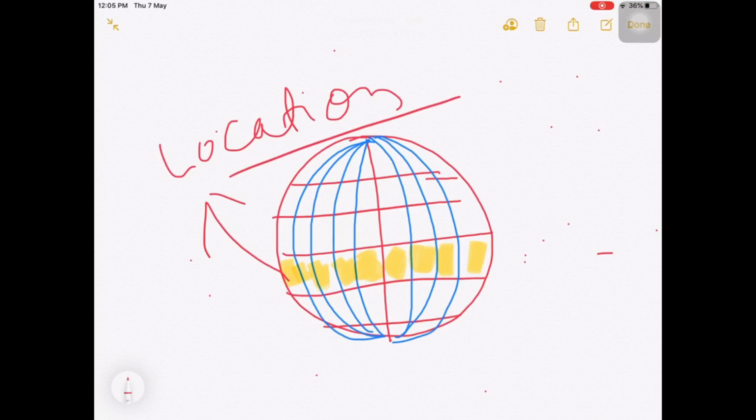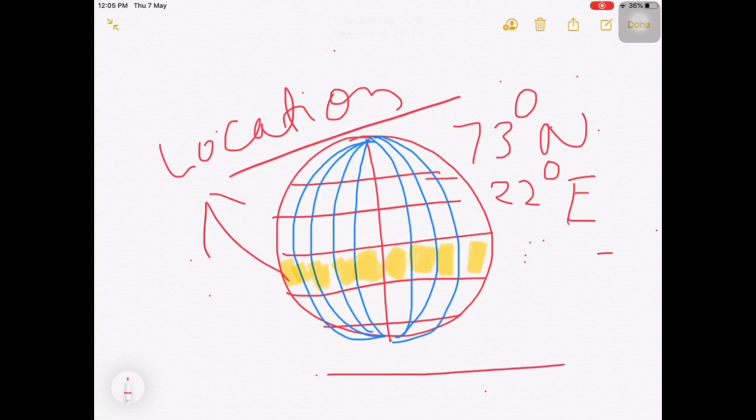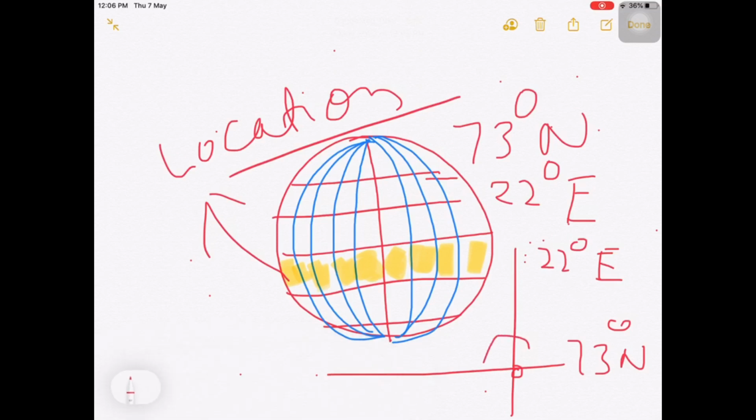For example, they'll say that my location is 73 degree north and 22 degree east. That means where the 73 degree north latitude line and the 22 degree east line meet each other. That will be the particular place where my location is.